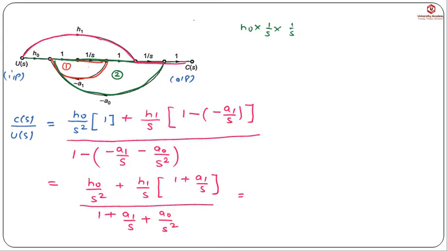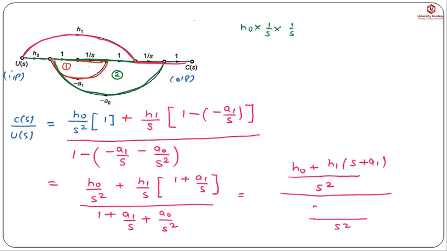Taking the LCM as S square, this becomes H naught plus S into H1, taking H1 common, S plus A1, and in the denominator S square plus A1S plus A0.